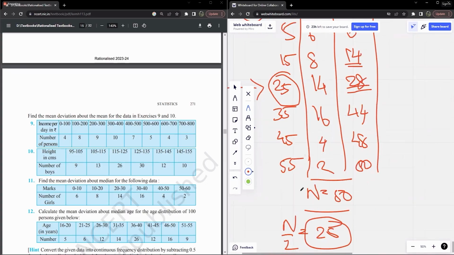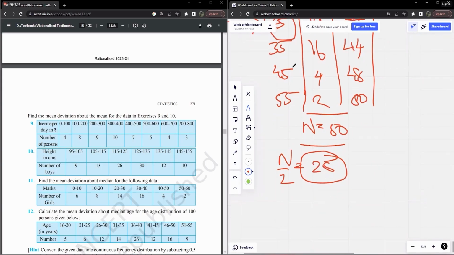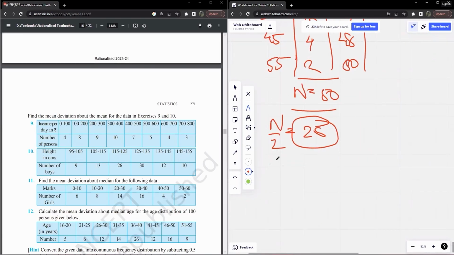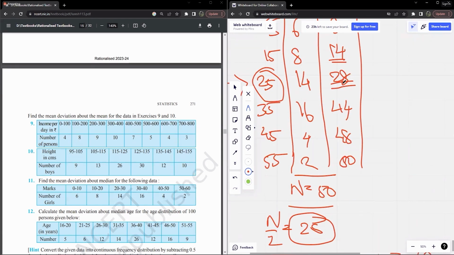That means the 25th value lies somewhere over here. So the lower bound small l is 20, the upper bound small u is 30, the cumulative frequency CF is 28, and the frequency of the class is 14.